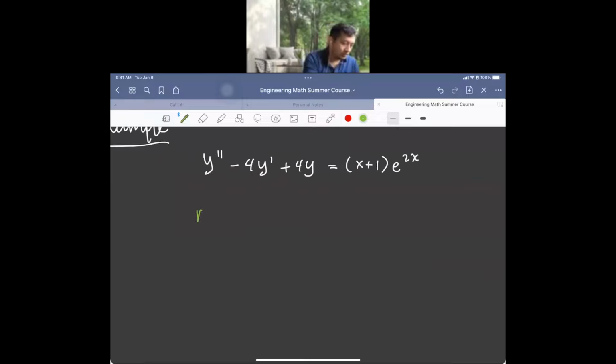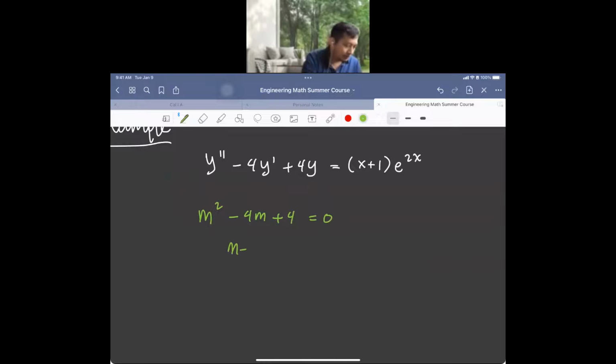First, take m squared minus 4m plus 4. Let's solve this for the homogeneous one. We have m1 is 2, m2 is also 2, right? So we have equal roots, which means it's the second case.